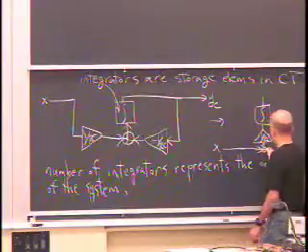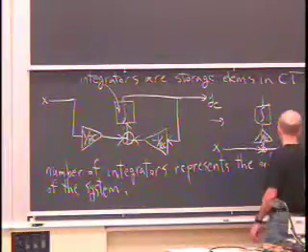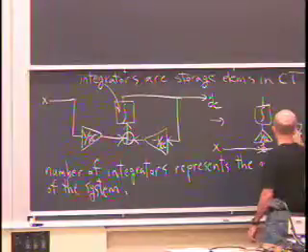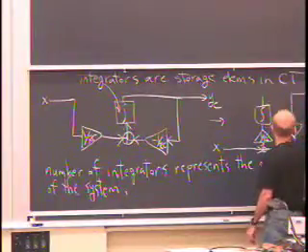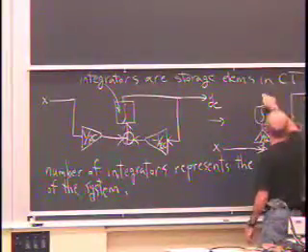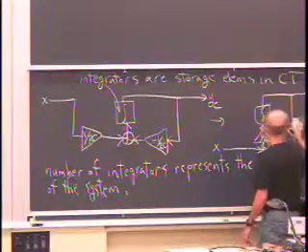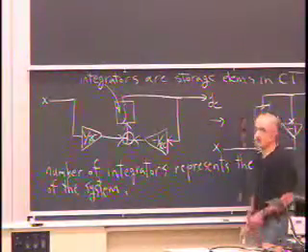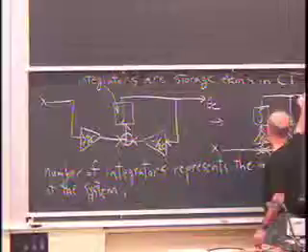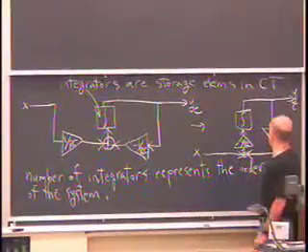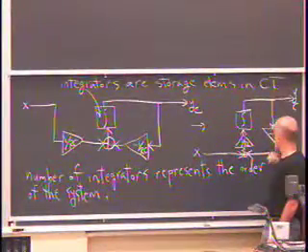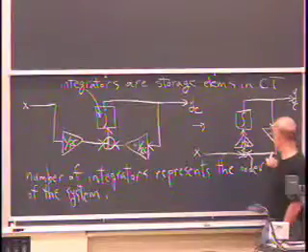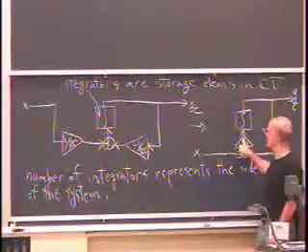You add to that a minus 1 times YC. So you reverse the polarity of YC. This is an arrow. So you have minus YC times 1 over RC integrated.